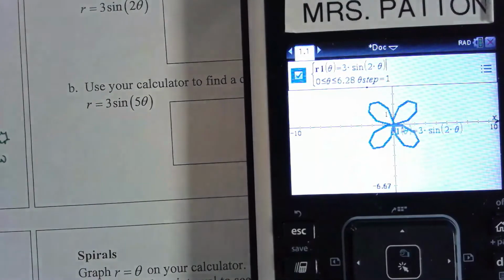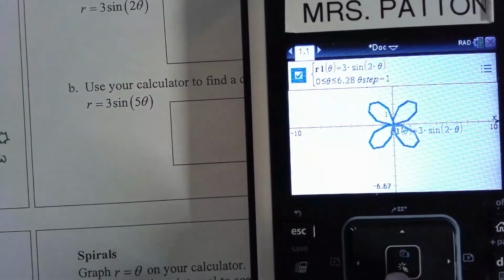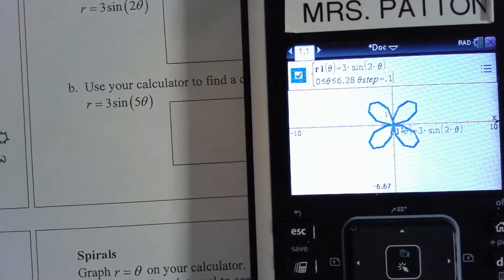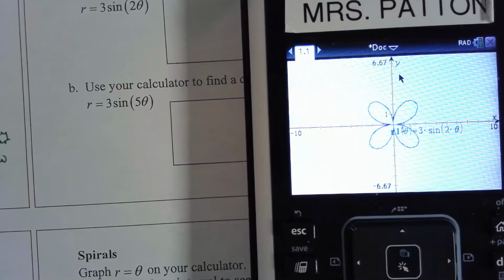Well, it's just not cutting it for us, right? So we're really only graphing 6-ish points in a sense. So that's why we want to keep that theta step small, like 0.1, because it'll plot more points, which will smooth out the graph. Okay.